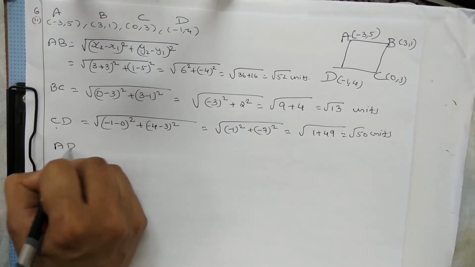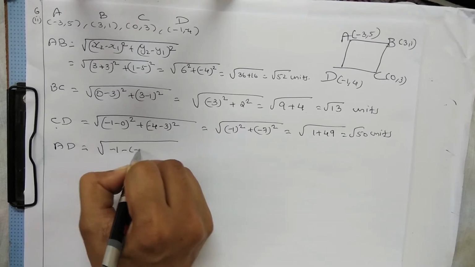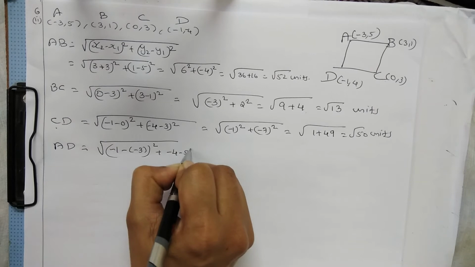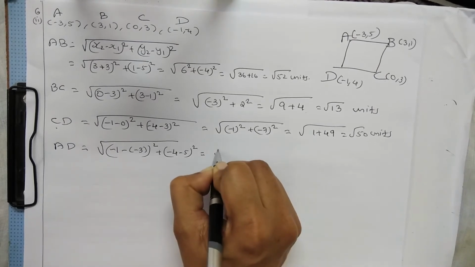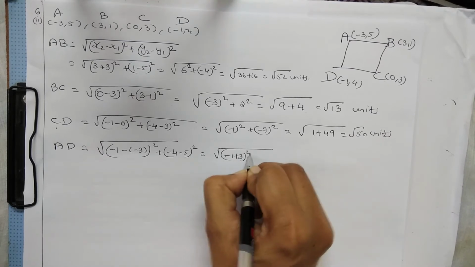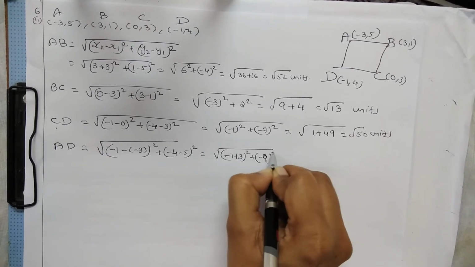We will see that AD is equal to root of minus 1 minus 3 the whole square plus minus 4 minus 5 the whole square. That is equal to root of minus 1 plus 3 the whole square plus minus 4 minus 5, it is minus 9 the whole square.